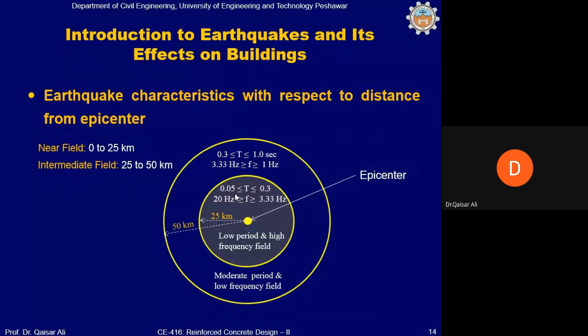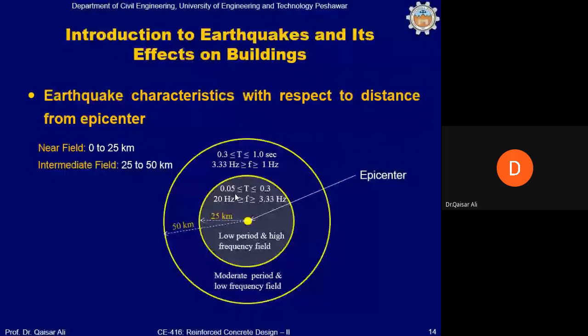The earthquake waves are the same waves, but their characteristics will change as we move away from the epicenter. You must have heard the word attenuation. Attenuation occurs in all respects as you move away from the epicenter. So the duration of the earthquake decreases, the frequency of the earthquake waves also decreases, and the amplitude also decreases. So attenuation occurs in all these three characteristics.